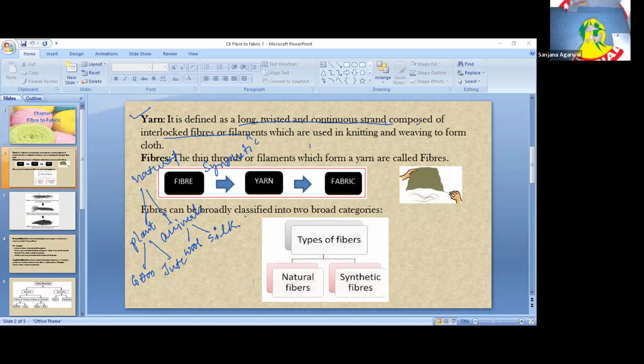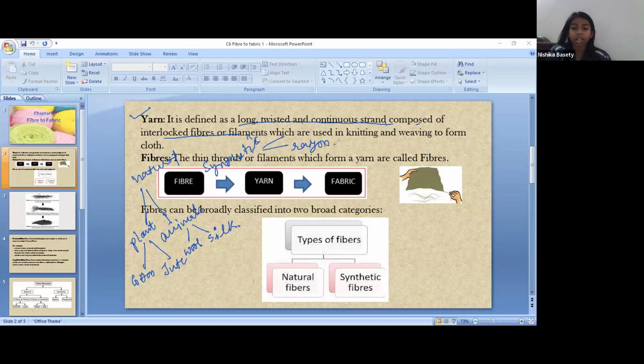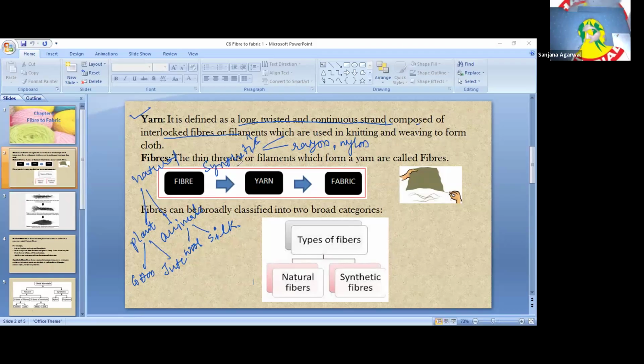Nishika, are you getting it? Yes, ma'am. And straight examples for synthetic also. Nishika, tell me any names of fiber that you used to wear, apart from these four. Do you wear rayon? Yes, ma'am. Does nylon count in clothes? Yes, nylon is also synthetic. Something which is man-made, which is not natural.